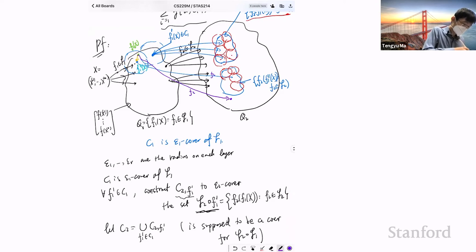You use the same f2 on the cover, and you get this point. And then after you get this point, you look at the neighbors on the right, so you got this one. So basically, this will be the cover for the purple point. I'm not sure whether this makes sense. Sounds good?